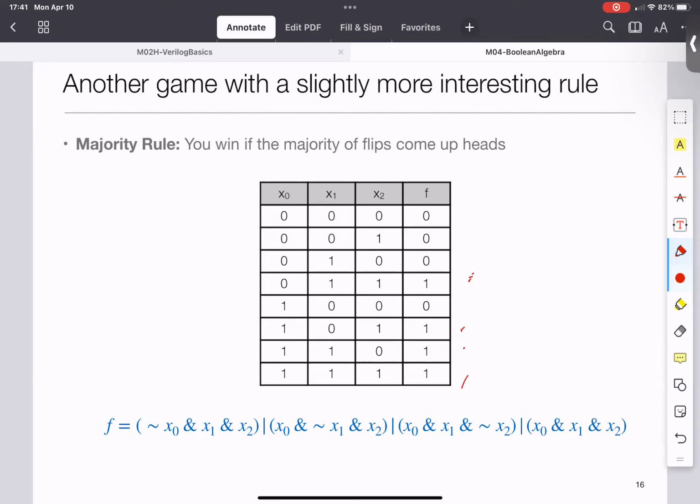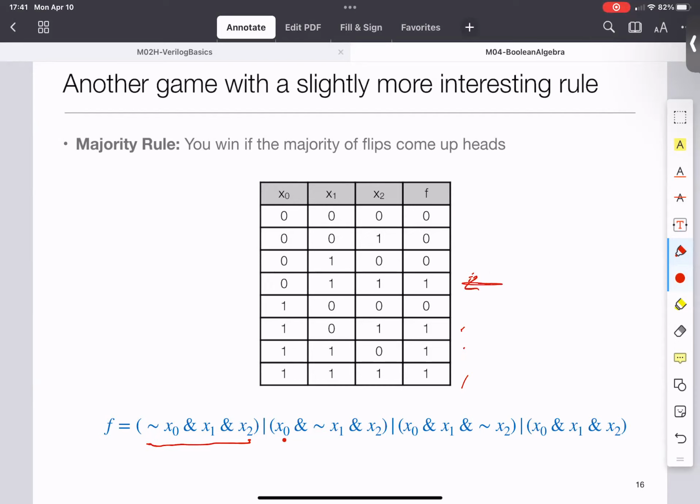So I can write the equation for this function by simply enumerating each row. That's what you see out here. This one is saying I am in the row where x0 is 0, x1 is 1, and x2 is 1. So that corresponds to this row.